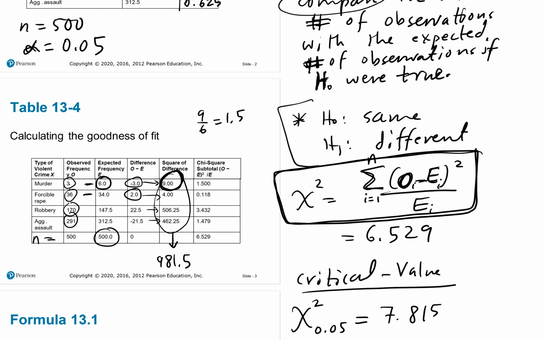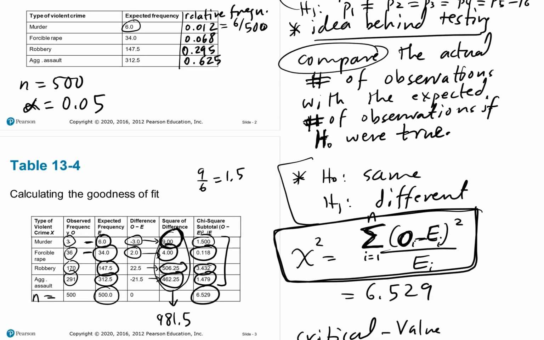That's where this number came from. 4 divided by 34 is this. 506.25 divided by this, you get this. Now you add them up. We shouldn't have added them the way I said earlier. We add them up here. That's the right way. So you get 6.529.